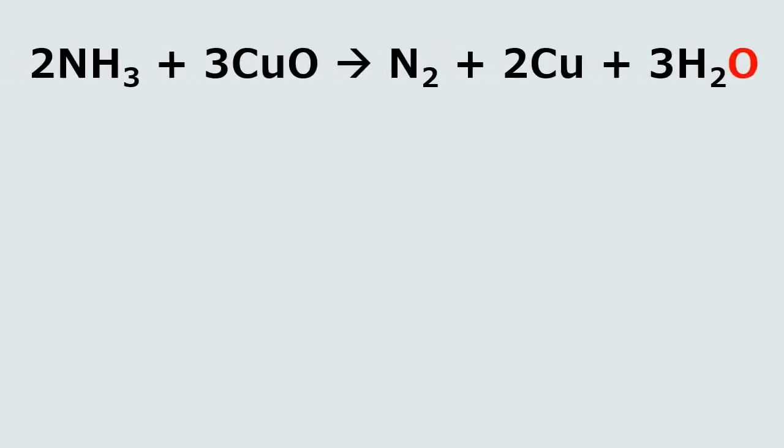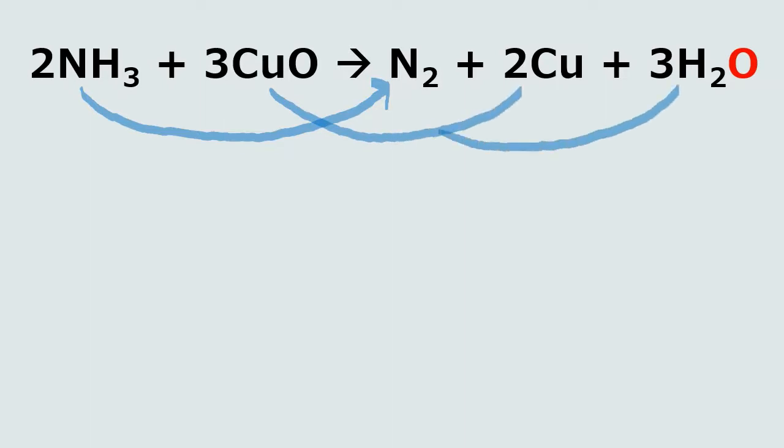This is the reaction that occurs. Ammonia loses its hydrogen to form nitrogen molecules, while copper oxide gains the hydrogen to produce copper and water.